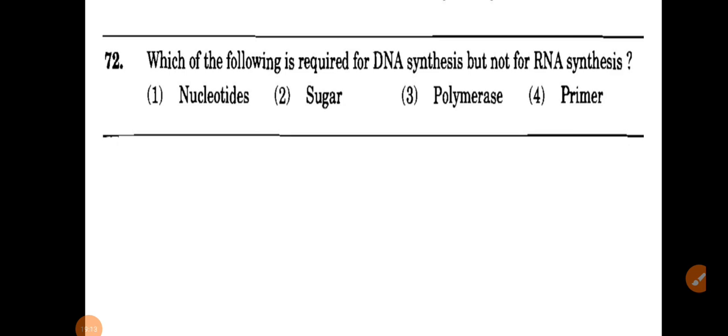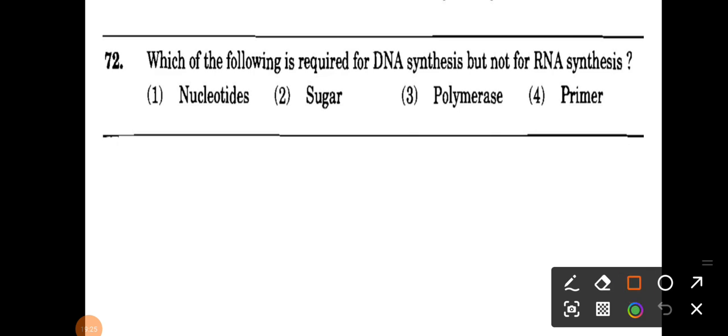Nucleotide, sugar, polymerase and primer. The answer is our primer, because nucleotide, sugar and polymerase are also involved in RNA synthesis.